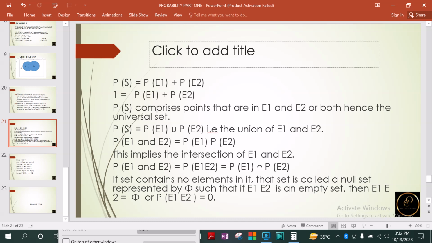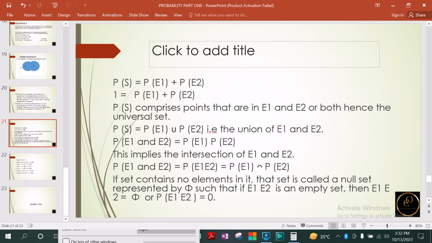Okay, so what we have seen is that the sum of possible outcomes will always equal 1. Okay, 1 is equal to probability of event 1 plus probability of event 2. That's what it means there.